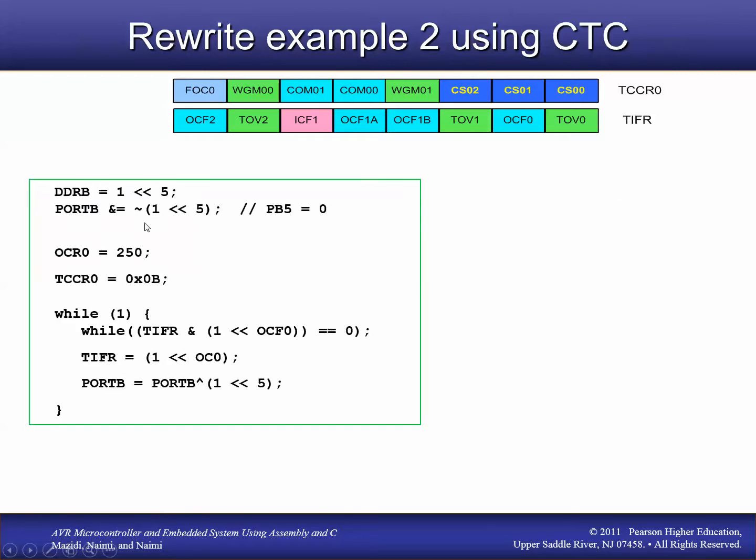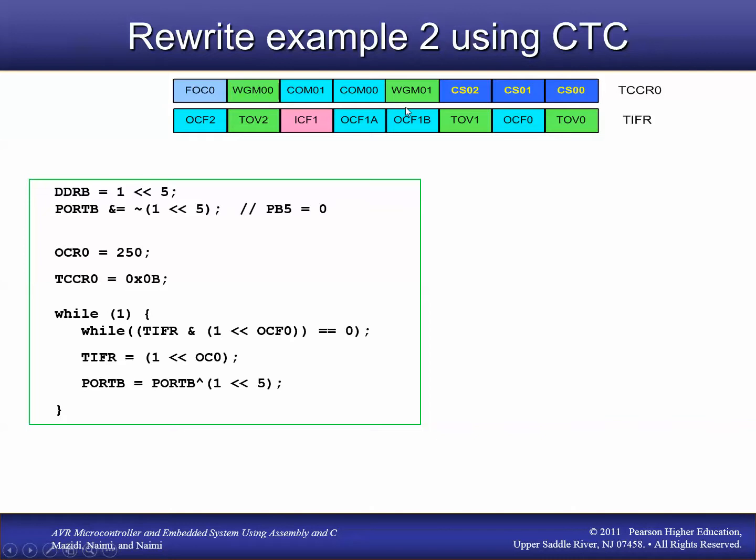So here we go. We're still using the output pin, port B, pin 5. Here we've written 250 to output compare register 0, and we've put a different value to TCCR0. So B in hex is 1011.